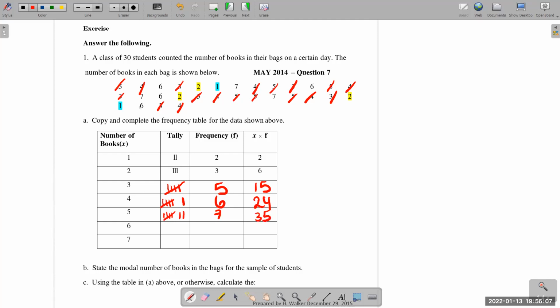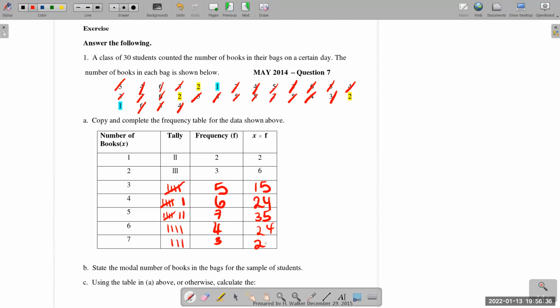Next one, let's count the 6. 1, 2, 3, 4. So 4 times 6, 24. Last one, 7. 1, 2, 3.